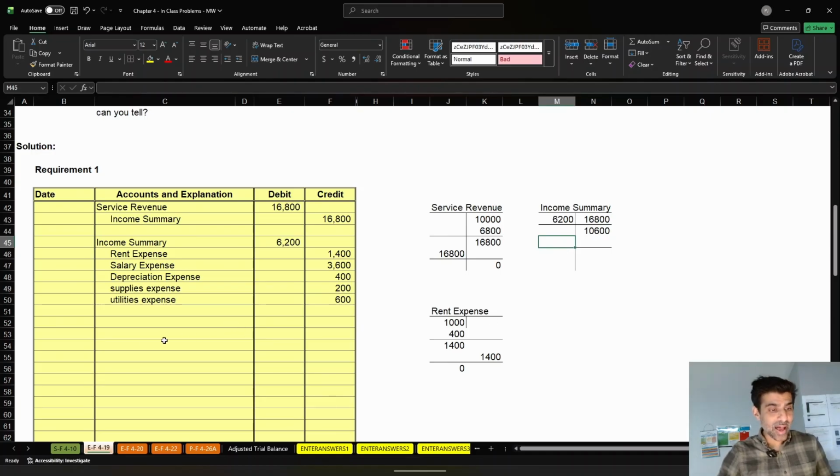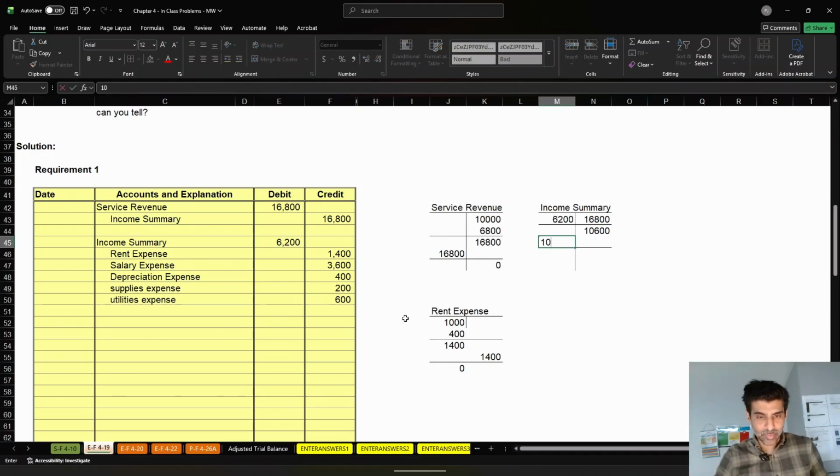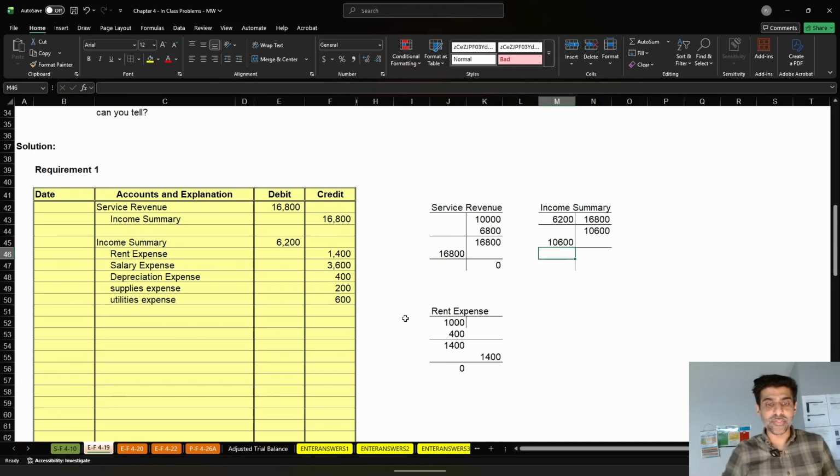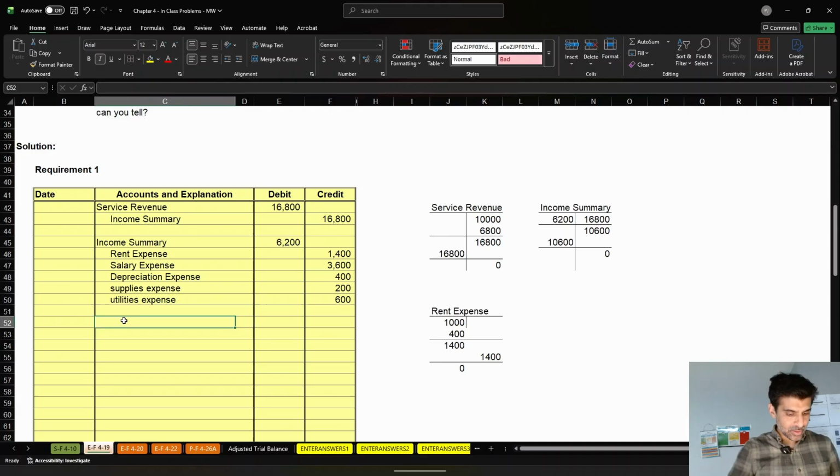Okay. So to close that, we need to debit income summary because again, income summary is a fake account. It's like a temporary account we're just using as a placeholder. So we want this to be 0. So I already have half my journal entry here, 10,600. And then what's my credit going to go to?